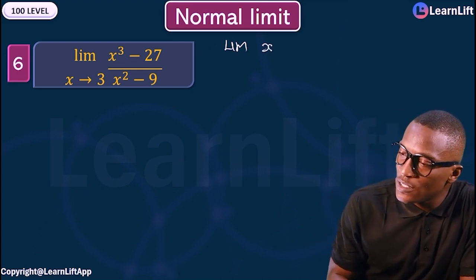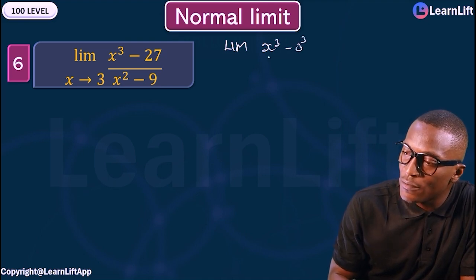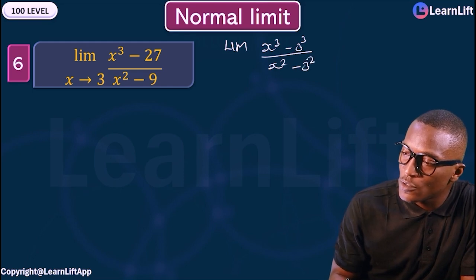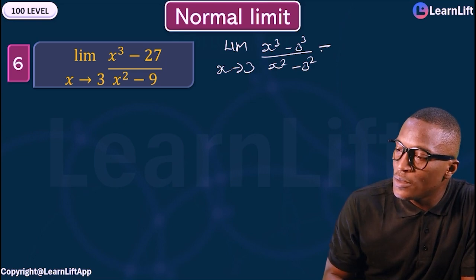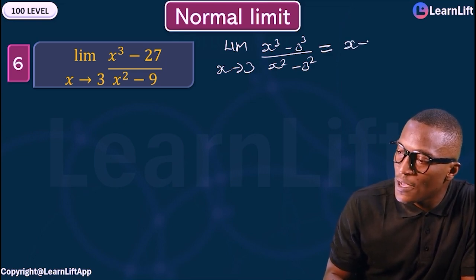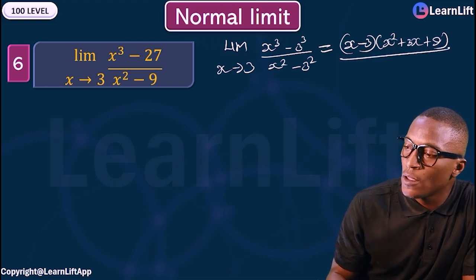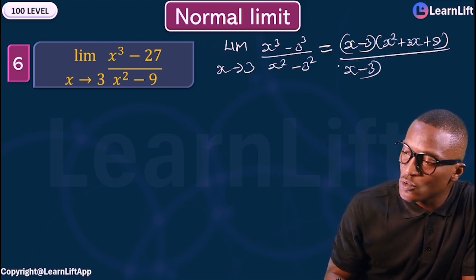This is the same thing as saying x raised to power 3 minus 3 raised to power 3 all over x squared minus 3 squared, as x approaches 3. So from here, this is the same as saying (x - 3), the difference of cubes, into (x squared plus 3x plus 9), all over the difference of two squares, (x - 3)(x + 3).